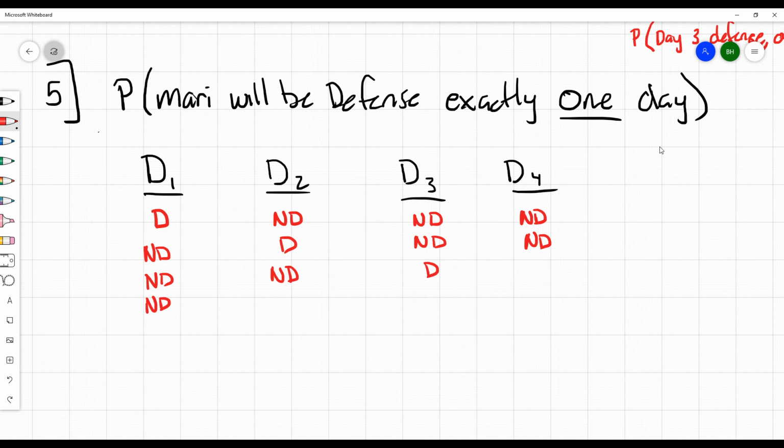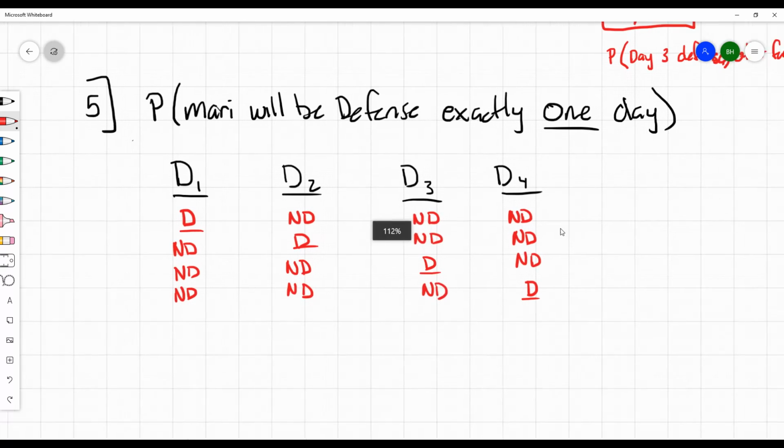She can be the defense attorney on the third day, or she can be the defense attorney on the fourth day. So in each case, there's only one option for her to be the defense, given each of the circumstances for exactly one day. So in order to solve this problem, we have to take a look.